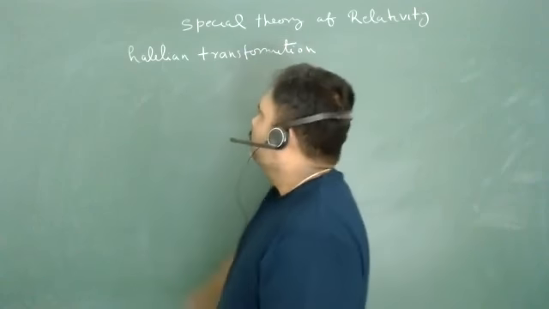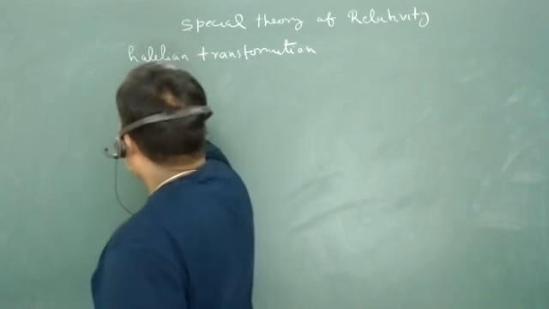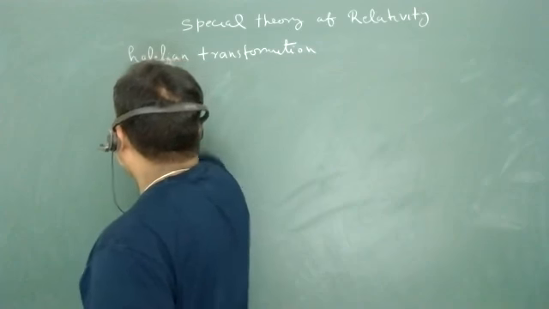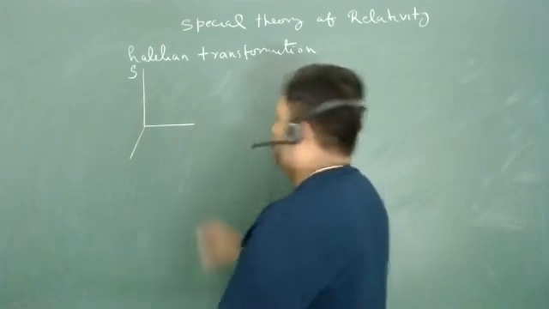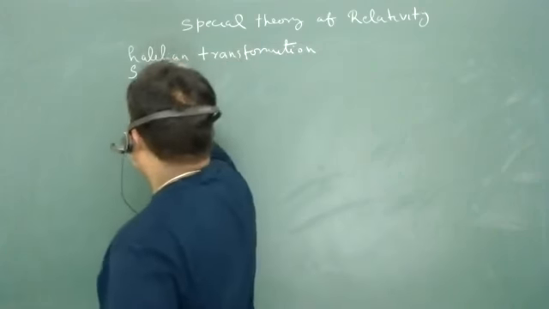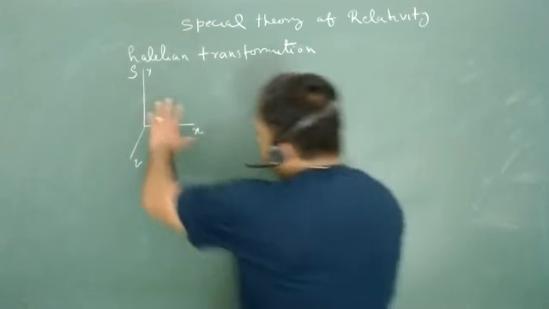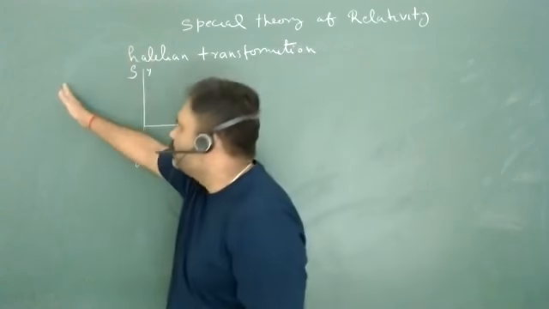So for Galilean transformation or Galilean frame, we have one inertial frame. Let's say this frame is S frame, and obviously we have this X axis, Y axis, Z axis. This frame is inertial in nature, which means it can move with respect to another frame.